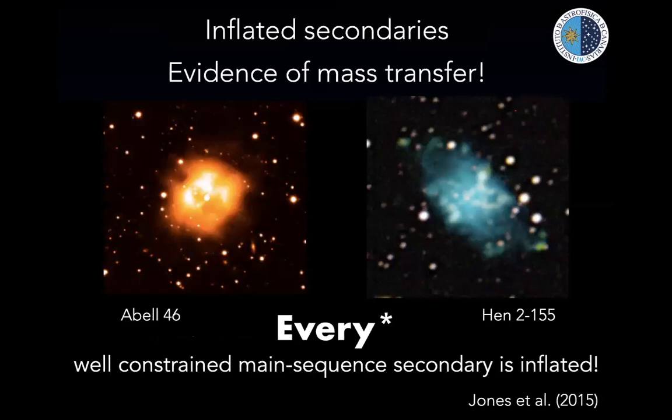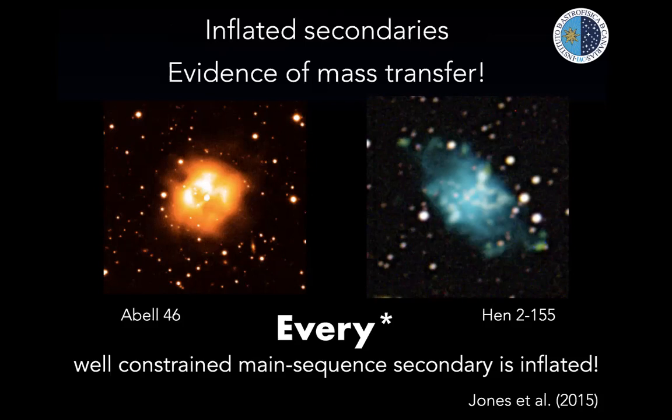Perhaps the most exciting finding, and the one that I'm going to tie back to the simulation that I showed you earlier, is that the secondaries, the main sequence stars in these systems, are always inflated. They're always 2 or 3 times, or up to 2 or 3 times, what you would expect if you had the same mass star in the field on its own.